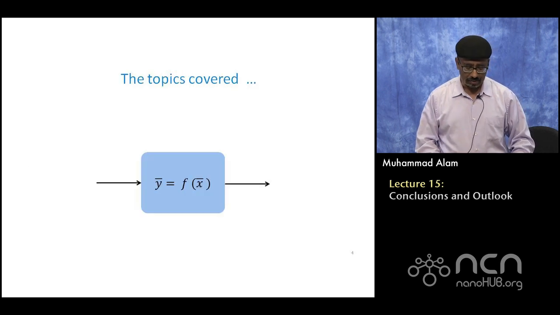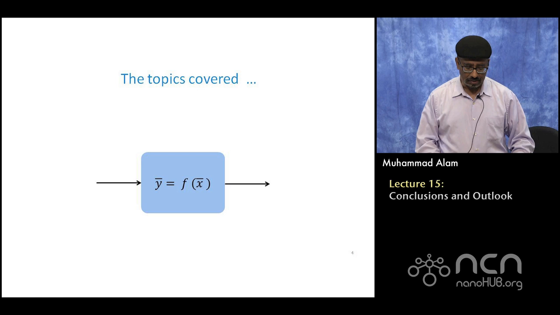So let me begin by reminding you of the topics we covered. I emphasized from the very beginning that the data that we talk about is often the output of some process. This could be gate dielectric breakdown, the time when the dielectrics break, or it could be the number of clicks in a web browser.